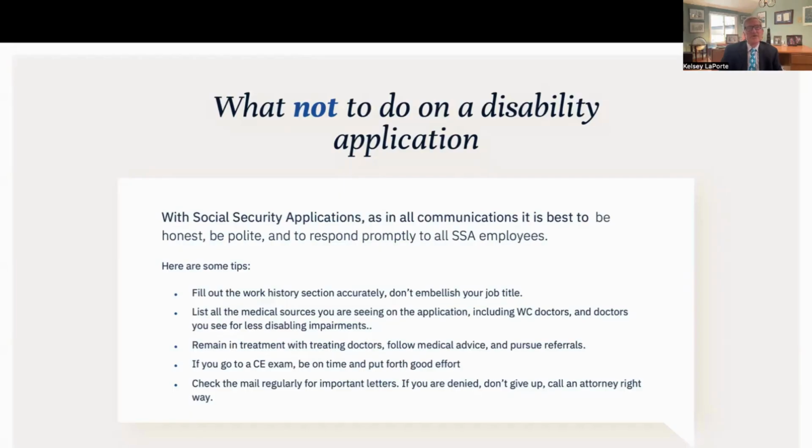It should go without saying that Social Security employees should be treated with respect. And I think it's particularly important these days to recognize they've always had a very difficult job. Their job has only gotten to be more difficult with declining staff levels and more work demands.